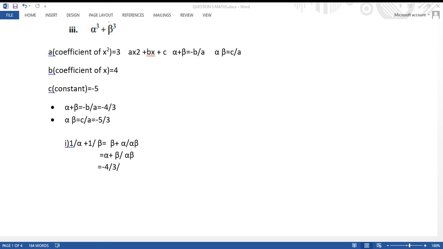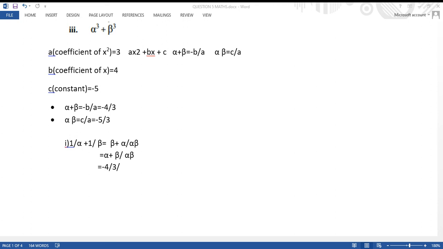Alpha plus beta, that is negative 4 over 3, squared, minus 2 times alpha beta, which is negative 5 over 3.